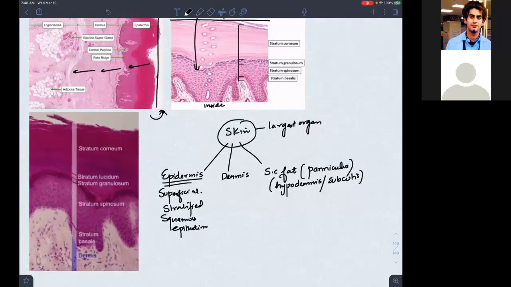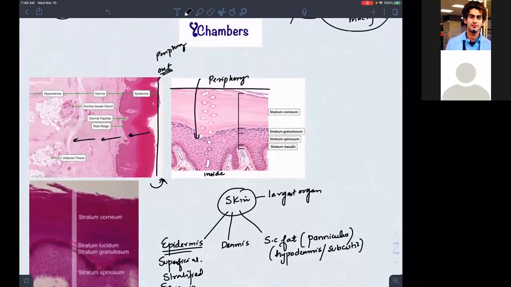Okay, stratified squamous epithelium. Understood?